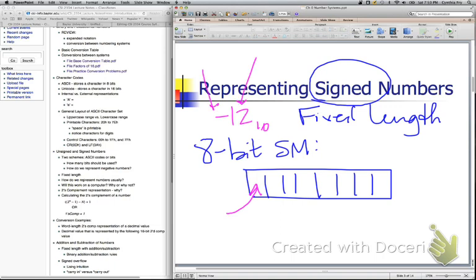In my 8 bits, I've got to save room for the same things. So we're going to say that the leftmost bit, or bit 7, in an 8-bit value is my sign bit. And then the remaining 7 bits will be for magnitude.